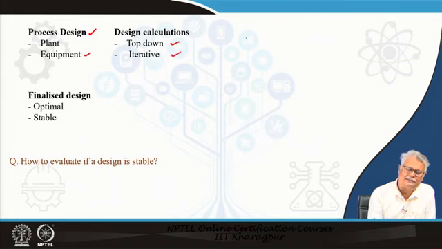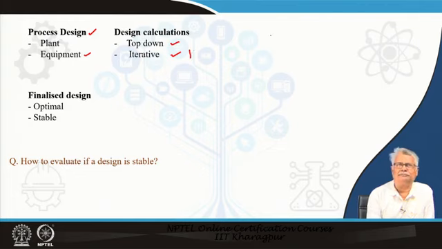In some cases, the expression of the output that is to be generated as design output are not available in explicit forms of formulae or maybe functions. So, they are implicit functions. So, they have to be solved in most of the cases in an iterative fashion.